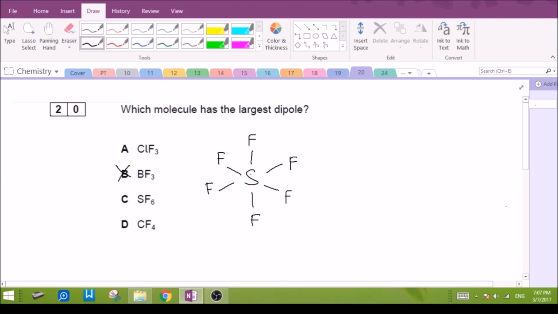So in this case, it doesn't have any unbonded electrons. It will be 0 lone pairs and 6 bond pairs. Right, so we will have the dipole moments also cancelling each other out over here.